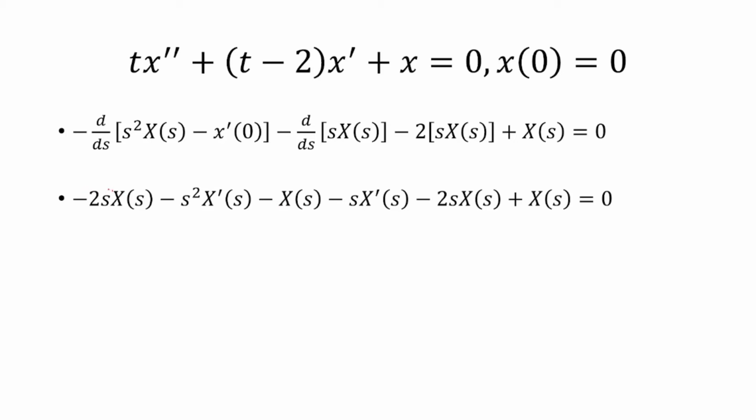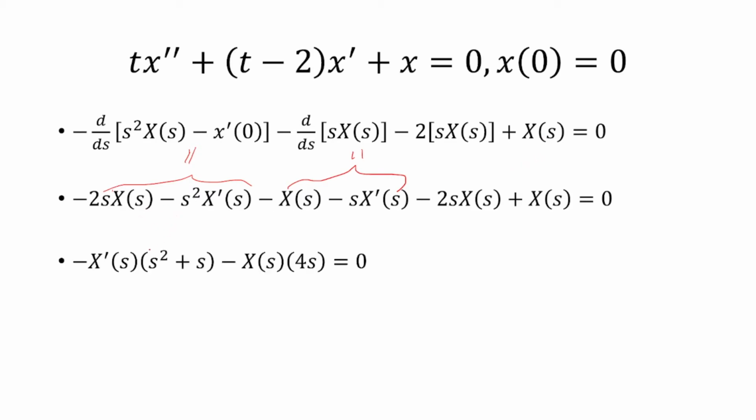So these first two terms are equal to that. And then we have to apply the product rule again here. So that's going to be for these two. And now I could just distribute the -2 with the s times X(s) and then leave the X(s) there.